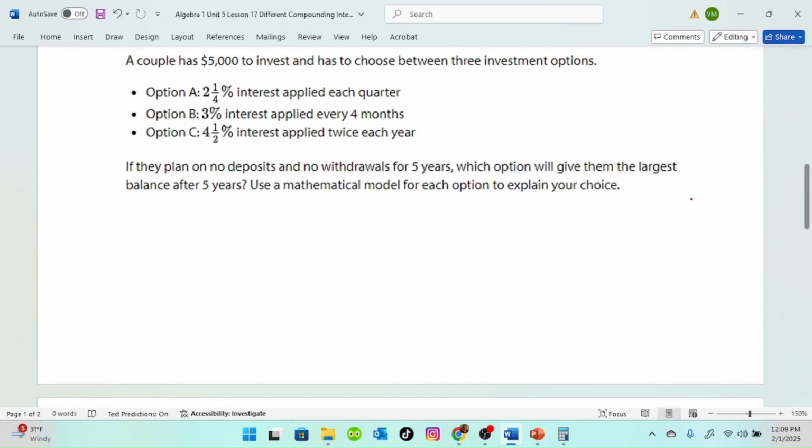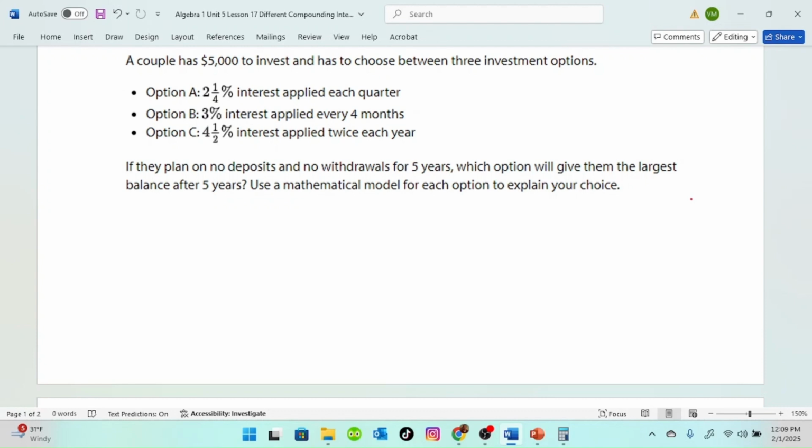Our next practice problem says a couple has $5,000 to invest and has to choose between 3 investment options. Option A is a 2.25% interest applied each quarter. Option B is a 3% interest applied every 4 months.